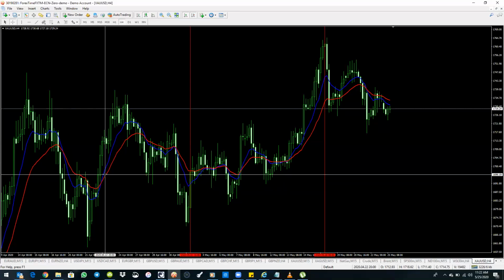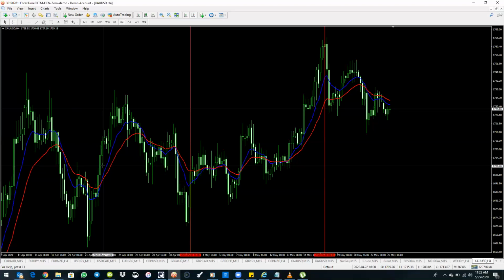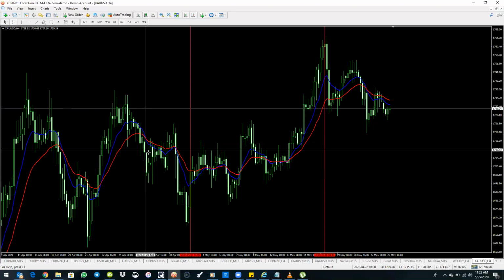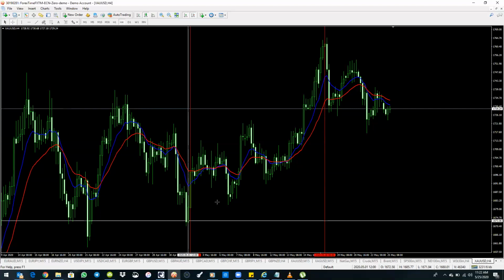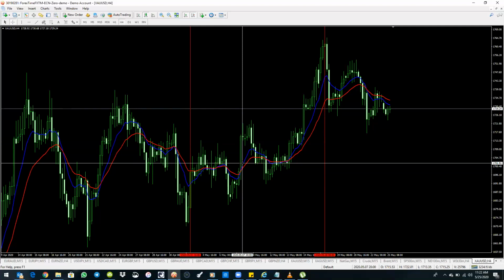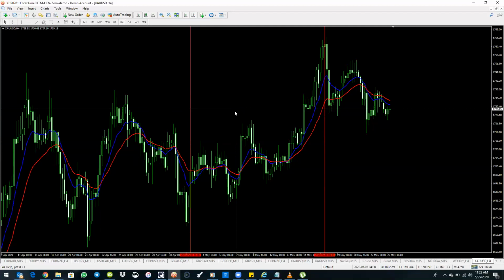When it crossed over here, you can see market went up a bit. This is the crossover here. You can see market went down. This is another crossover. So basically, that is it. Although personally, I do not trade crossovers because crossovers are too far behind the market.